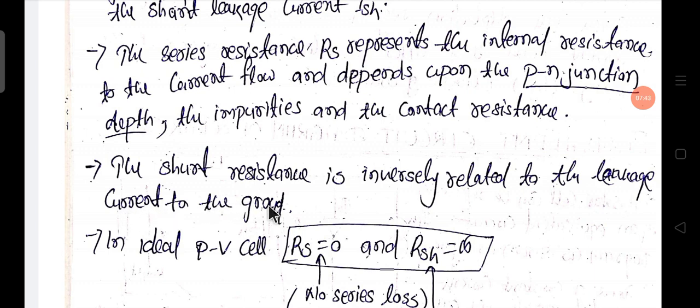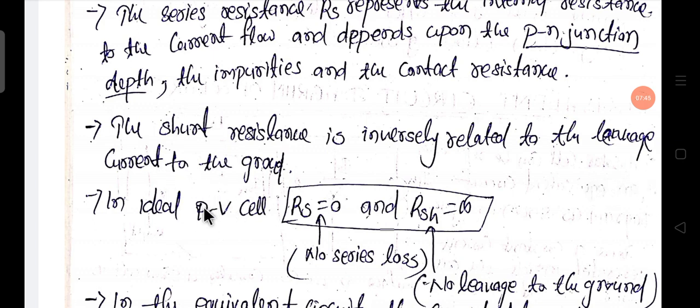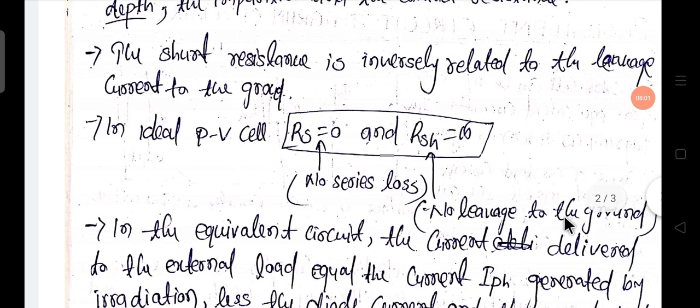In an ideal photovoltaic cell, the series resistance RS is 0, so no series loss, and RSH, the parallel resistance, is infinity. That means no leakage to the ground.